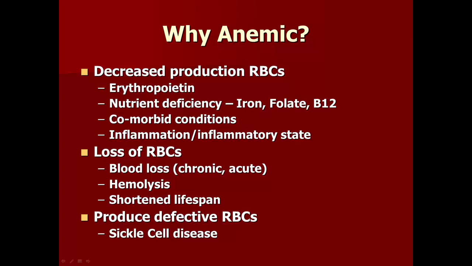The primary storage site is the liver. About 10% of those, instead of being phagocytized, are actually broken down or hemolyzed, and then they're removed by the immune system. We also need to recall that the spleen plays a major role in the sequestration and the removal of broken down red blood cells.